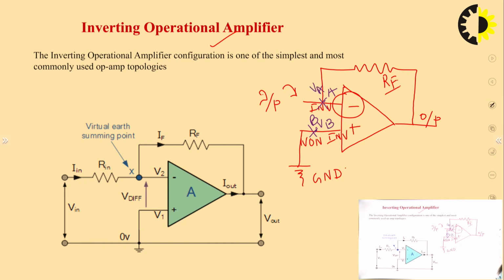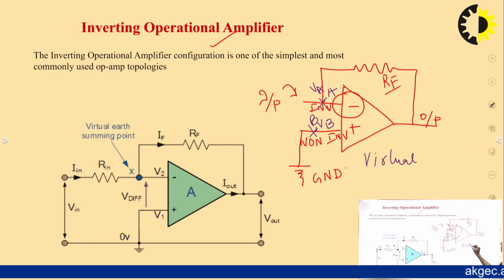For an ideal op-amp, we can apply the concept of virtual ground, which says the voltage of terminal A, VA, and the voltage of terminal B, VB, are equal.